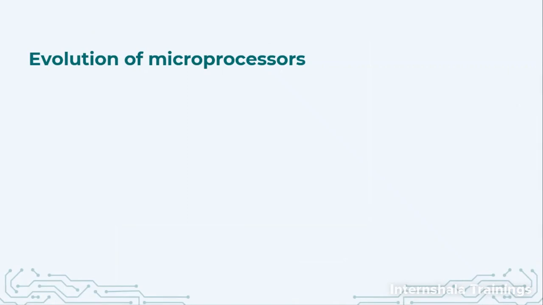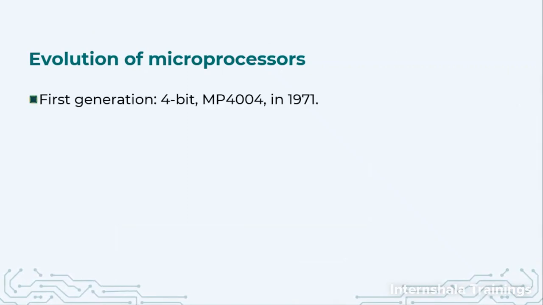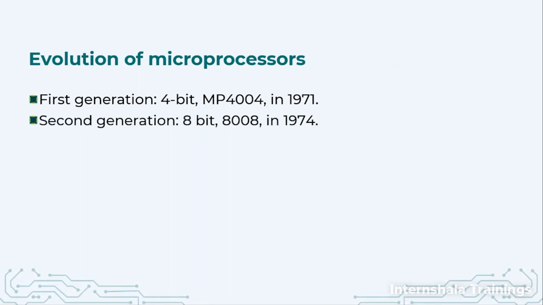One of the most important chips that we design is microprocessors. We started in 1971 with a 4-bit microprocessor called MP4004, and 3 years later came the 8-bit microprocessor 8008. These were very basic microprocessors.